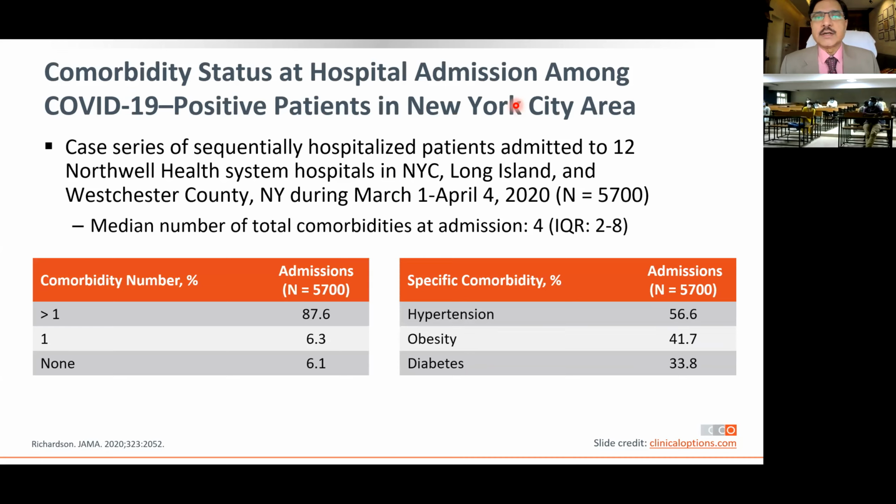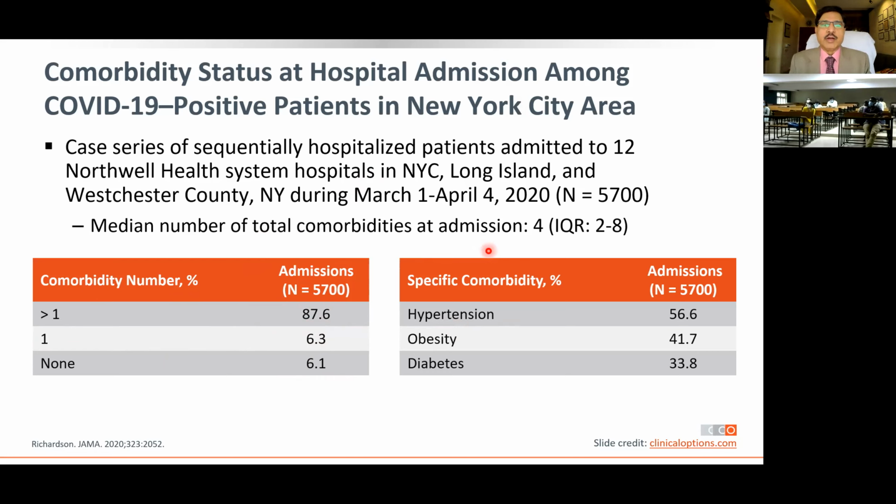Comorbidity status at hospital admission among COVID patients associated with COVID positivity in New York City: you can see more than one comorbidity 87%, one comorbidity 6.3%, none 6.1%. That means those who are admitted had comorbidities. What is the commonest comorbidity? Hypertension.